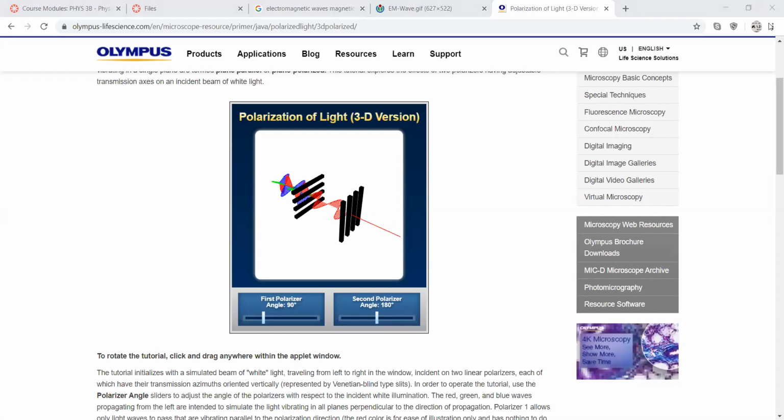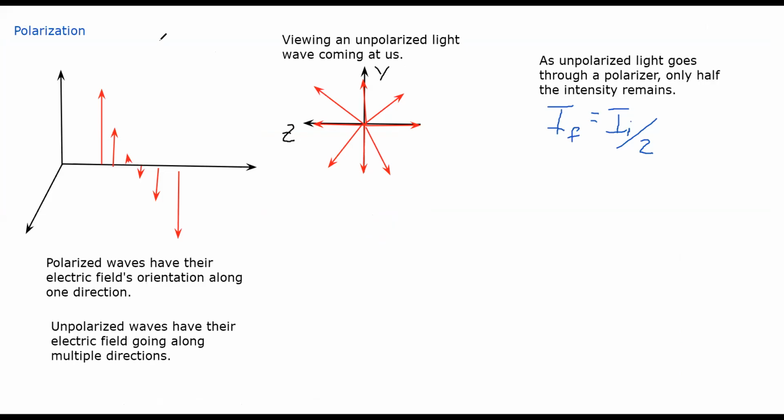So how much light actually goes through depends on something called Malus's law. I can't remember if there's another S there or not. There is. So this tells us how much intensity of polarized light will go through a polarizer.